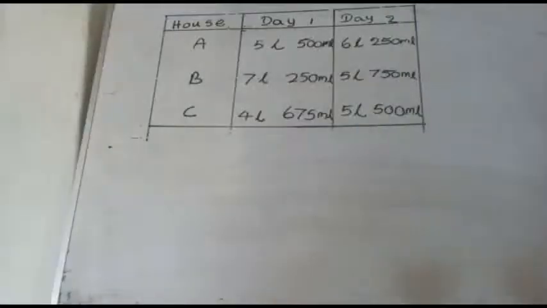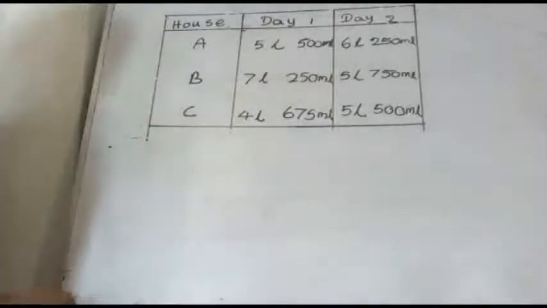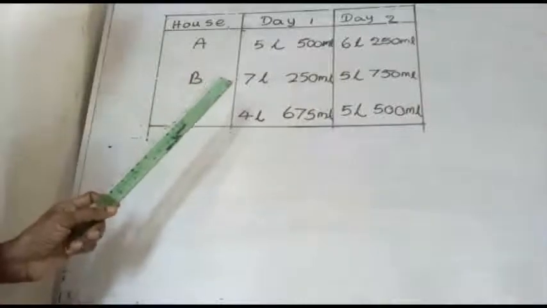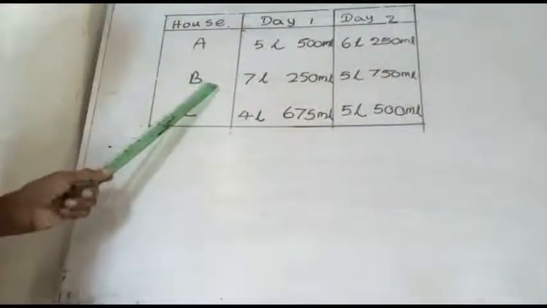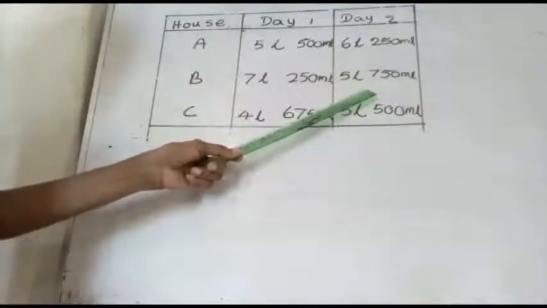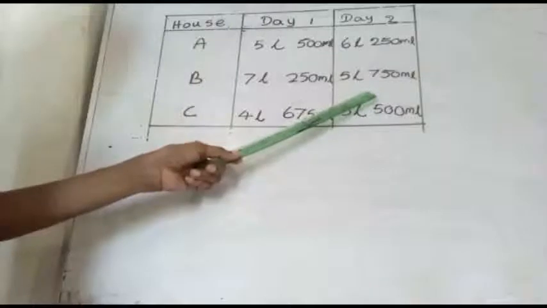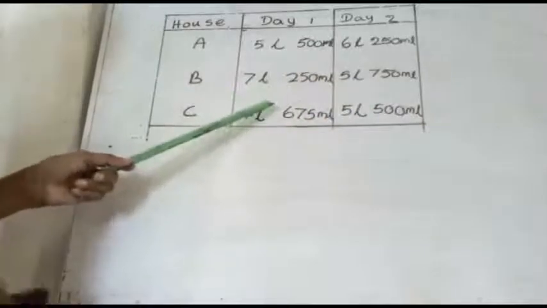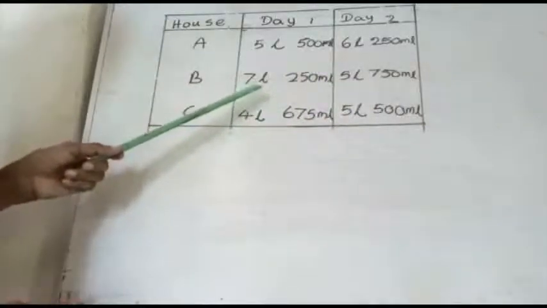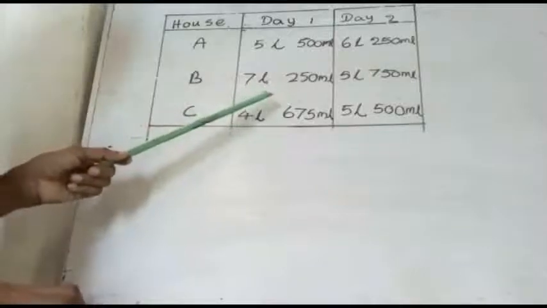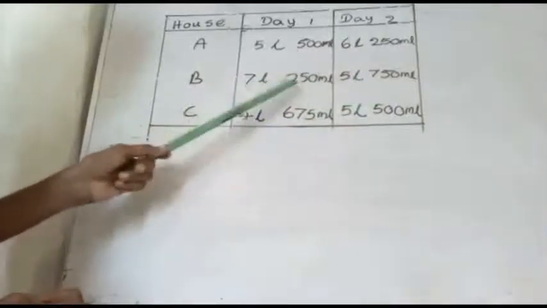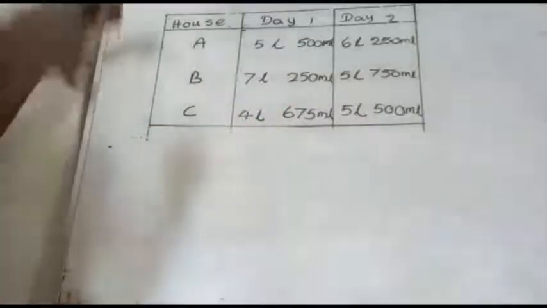Second one. Part 2. By what amount was the quantity of milk collected from House B on the second day less than the quantity that was collected on the first day?